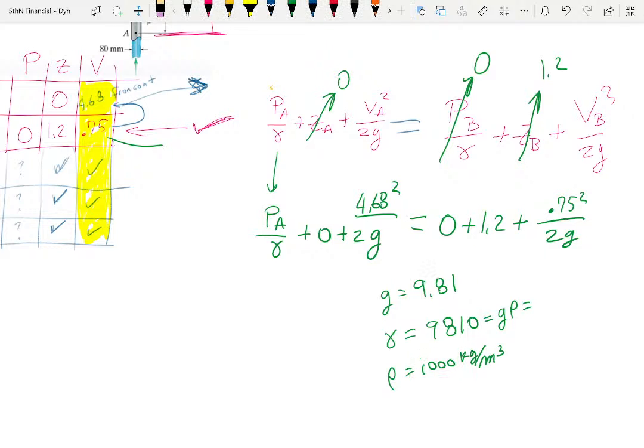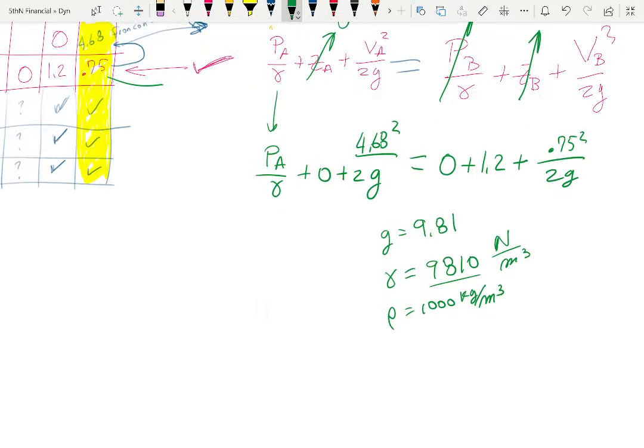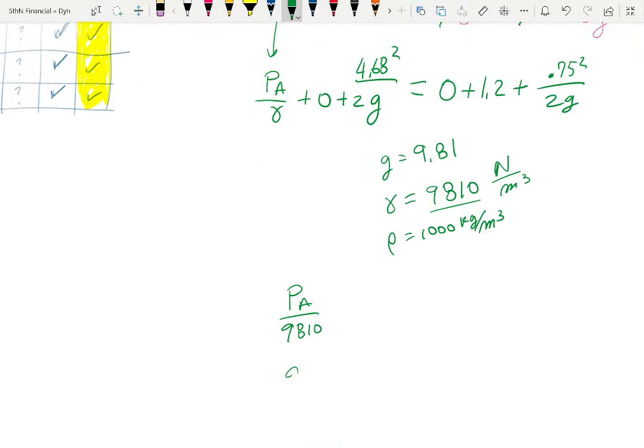Those two numbers together give you the 9810, and it's in newtons. I better not put the T. I have a bad habit of putting the T after the newton per meter cubed. So what I've got is pressure A over 9810. In the book, sometimes he'll have 9800, and I guess that's okay.